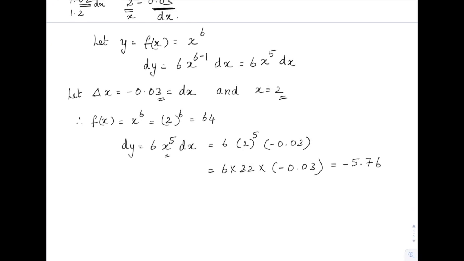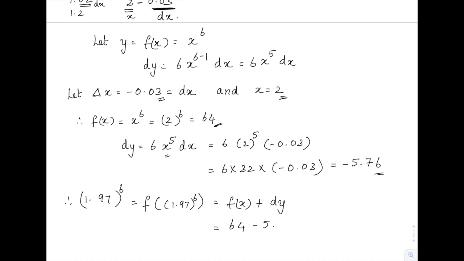So therefore 1.97 to the power of 6 is equal to f of x plus dy, where f of x is 64, and dy is minus 5.76, which is equal to 58.24. So this is the answer to this problem.